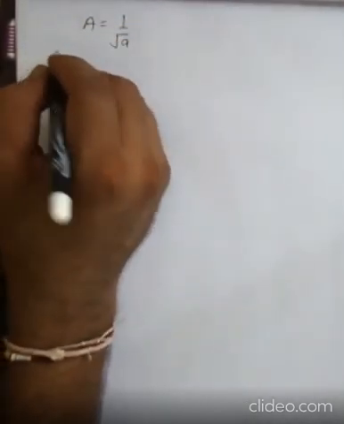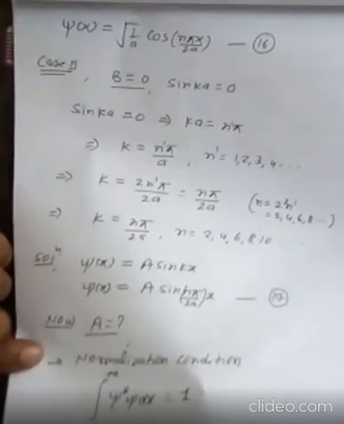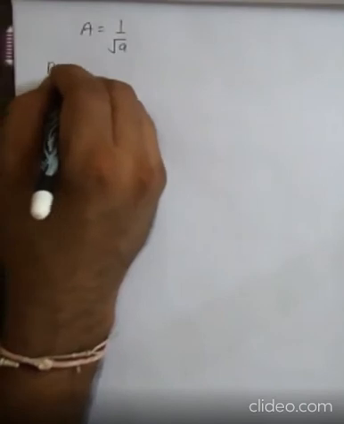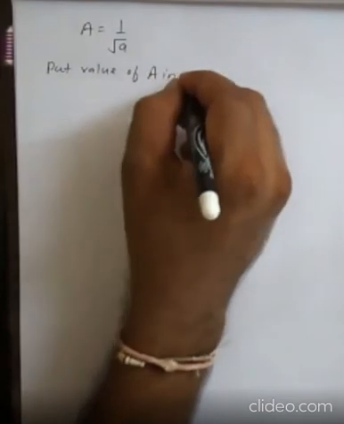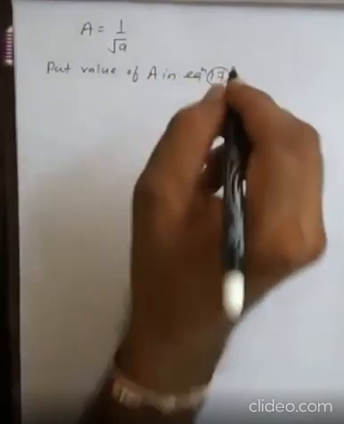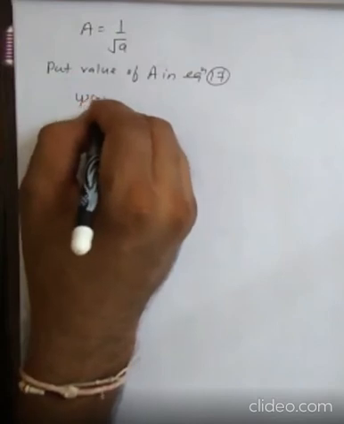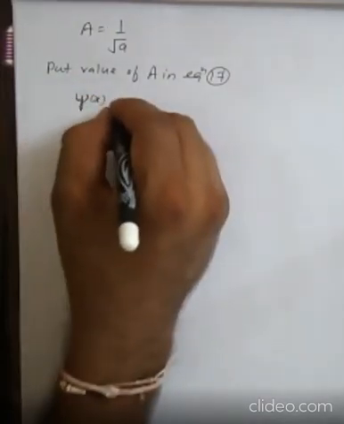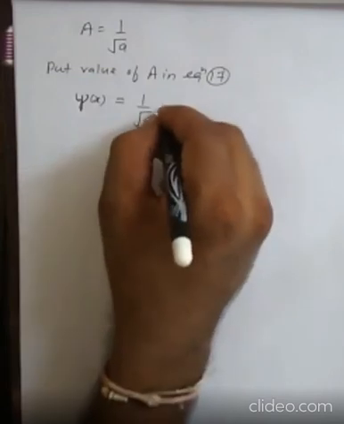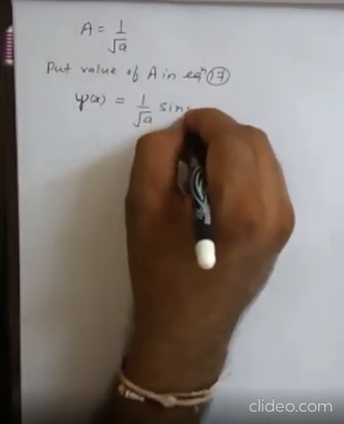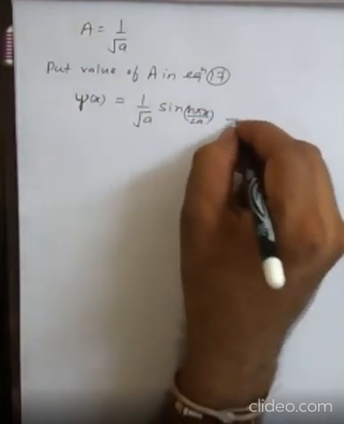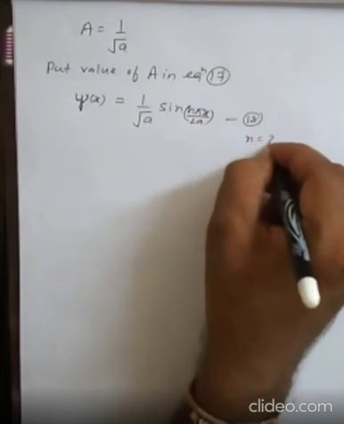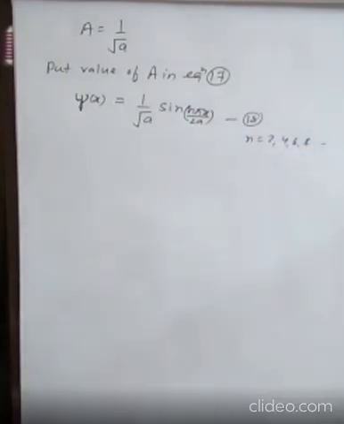Okay, so now we can put the value of this a in equation 17. In equation 17, we get psi x equals 1 over root a sin n pi x divided by 2a, n equal 2, 4, 6, 8. So now we are getting two solutions.